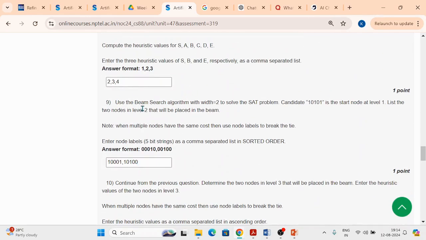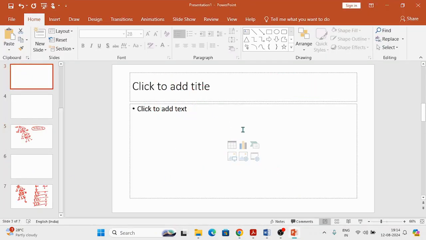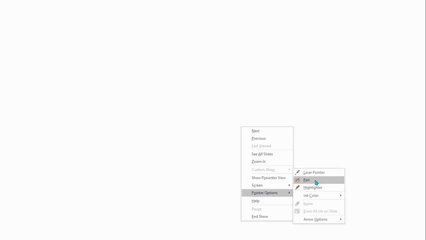Next, use the beam search with width 2 to solve the SAT problem. Consider 1 0 1 0 1 as your starting point.